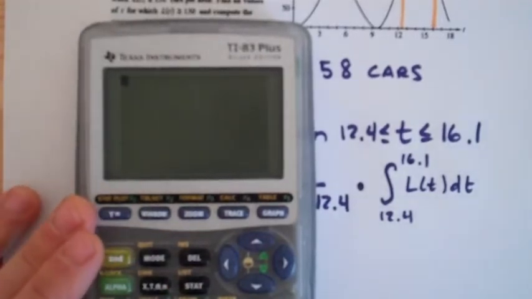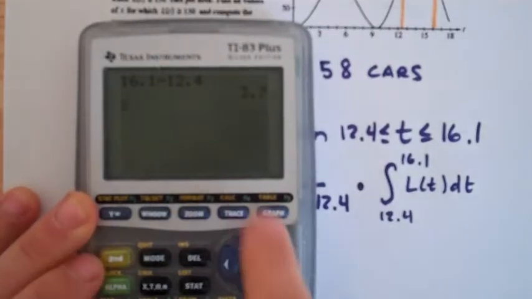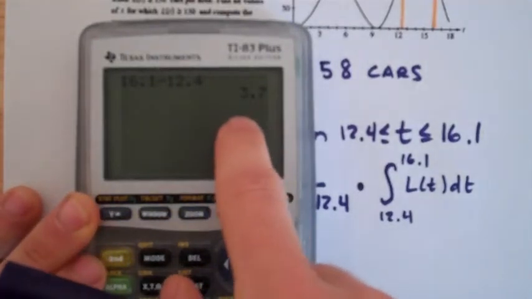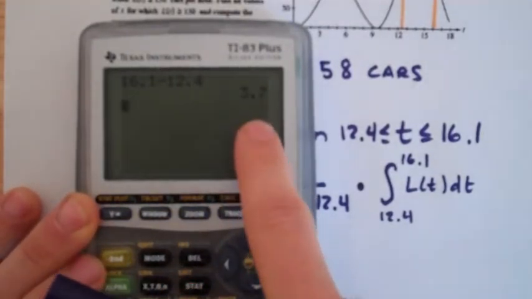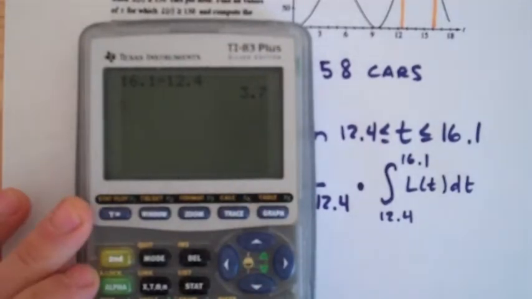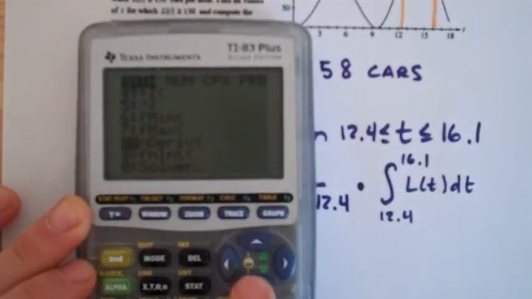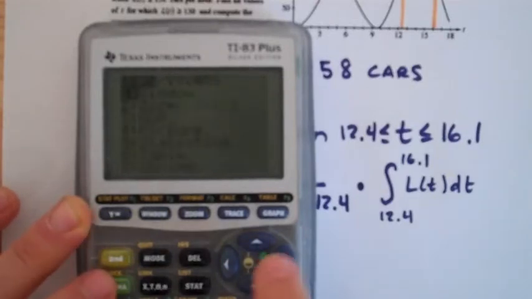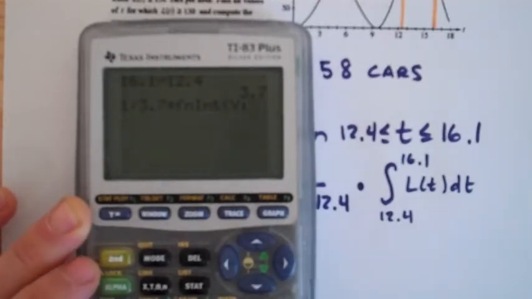So I would start by doing 16.1 minus 12.4. So the width of the interval is 3.7 hours. What we need to do now is do 1 divided by 3.7 times, and then we're going to fin int the function on the interval from 12.4 to 16.1.